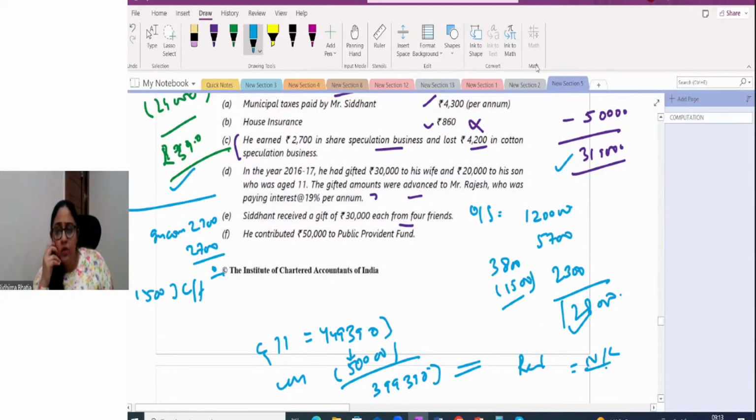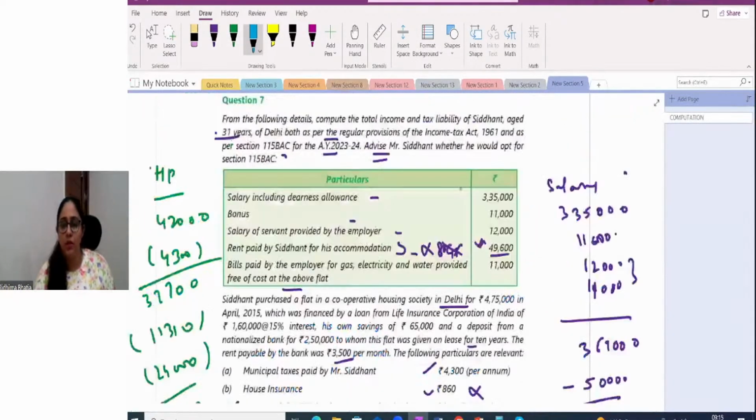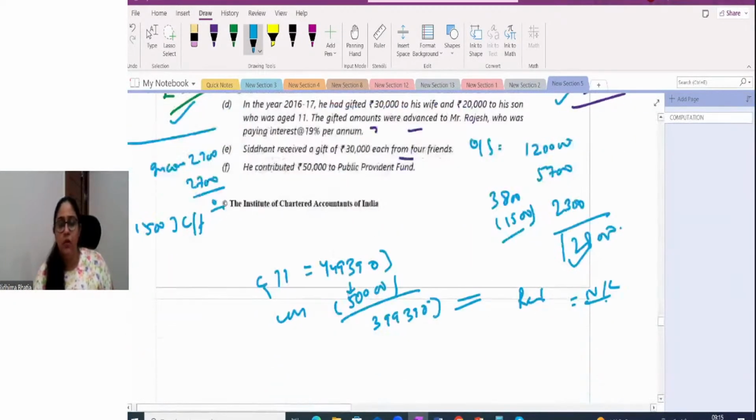Rebate वाला point समझ में आया? Kavita, rebate is income tax rebate which you get. यहाँ पे आपने you computed your gross total income, you came to your total income, which is 3,99,390.